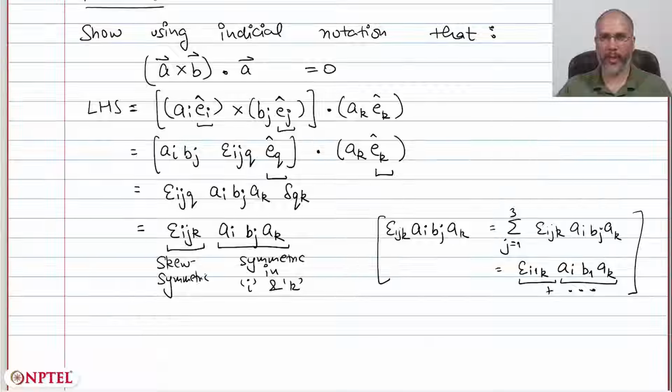I will not do that, but if you have any confusion, I suggest you try it out yourself from first principles, the way we proved it in the previous problem. So if you have a product of a skew symmetric and a symmetric tensor, that is 0. This is from problem 2.